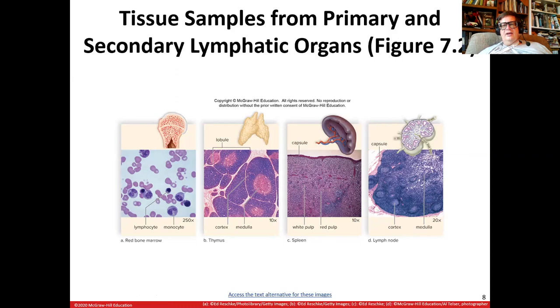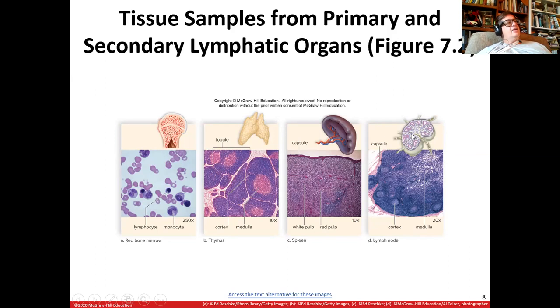Your spleen and your lymph node. We'll talk more about the cortex and the medulla. But the lymph node has a layer around the outside, a capsule, and then around the outside you see these germinal centers. This is the cortex, and the middle, where you don't have it, is the medulla.